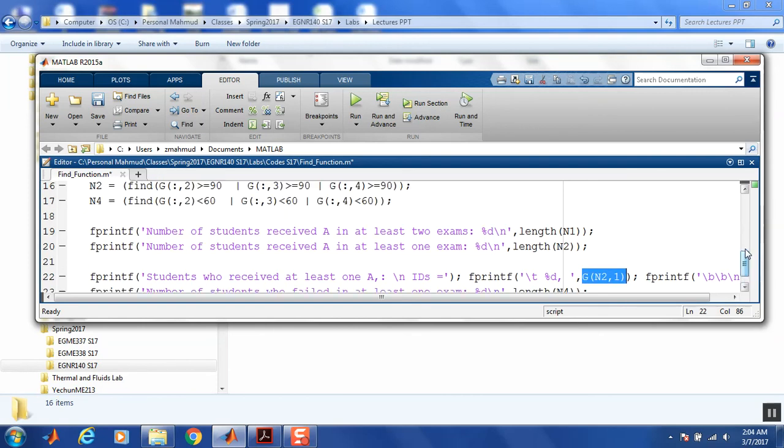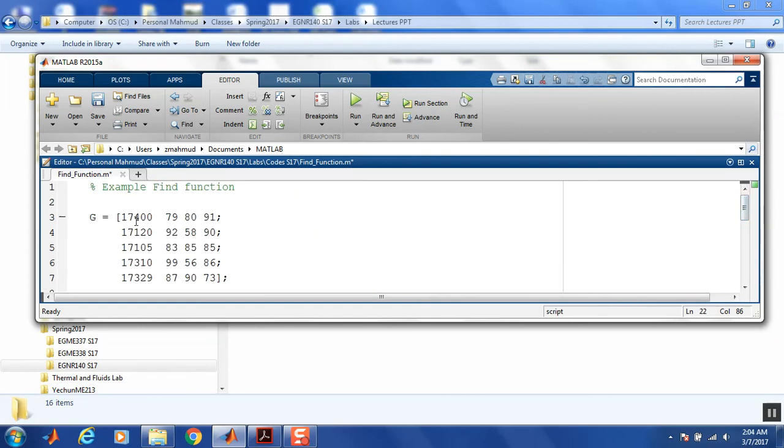All the student IDs in my matrix are located in column 1, but I was not sure which students received at least 1 A. If I just manually look at it, the first student received at least 1 A, it's 91. Second also received at least 1 A. It received both, but at least 1 A is true.